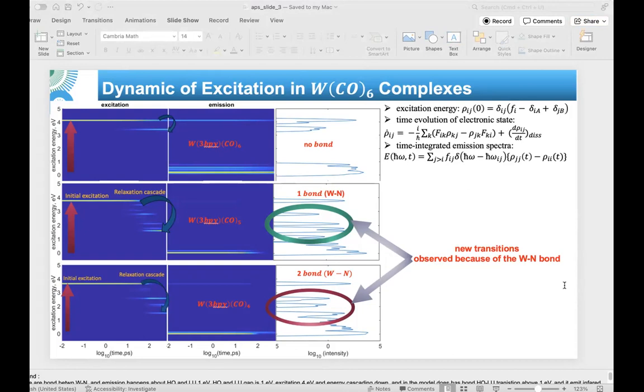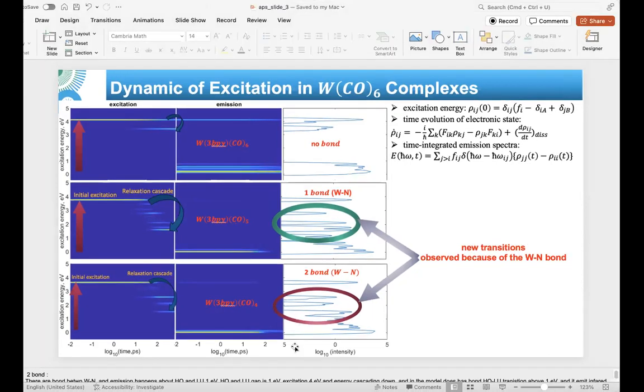From these slides, we can understand the excitation and emission dynamics of the tungsten hexacarbonyl complex, particularly how the addition of bipyridine ligands and the formation of bonds between tungsten and nitrogen affect the excitation and emission behavior.